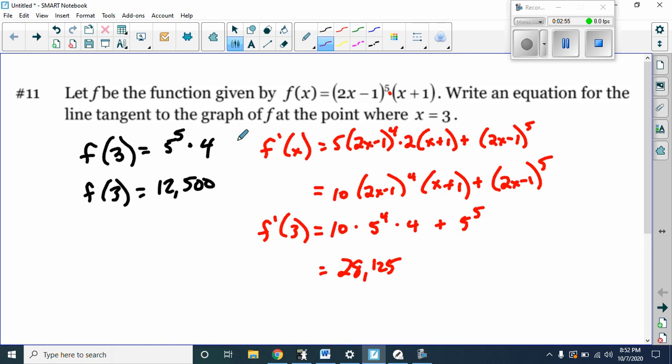So to write an equation of a line, it's y minus the y value of the point equals slope times x minus the x value of the point. Distribute.